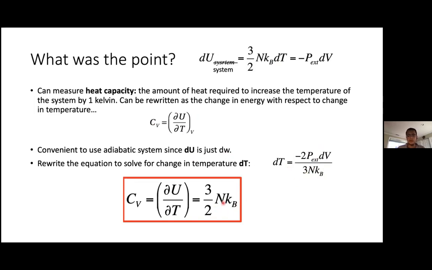And you can rewrite this in terms of moles and the gas constant, which will be 3/2 nR. So that was the point of doing this with adiabatic expansion, because it makes life easier since there's no heat exchange with the surroundings.